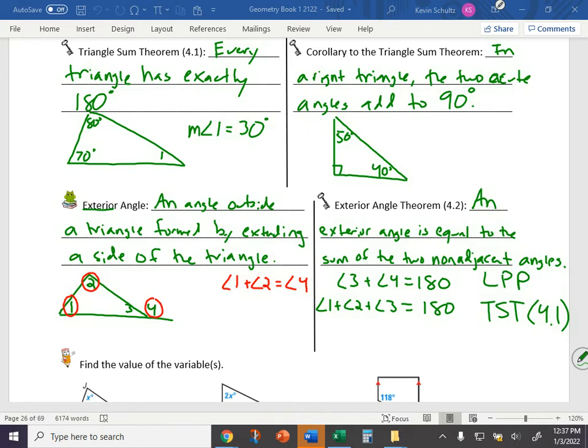Okay. We know that because angle 3 and angle 4 equals 180, and 1, 2, and 3 equal 180, we can say that angle 3 plus angle 4 is equal to 1 and 2 and 3, right? Because if both of those statements equal the same thing, we know that they are equal to each other.